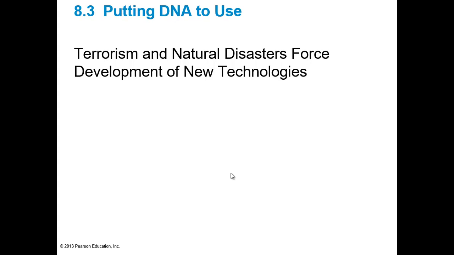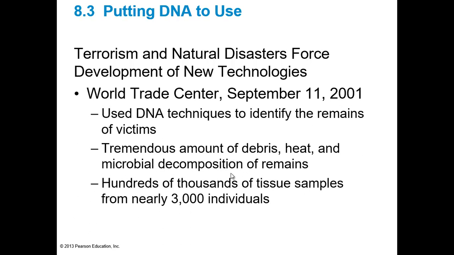Also, in terms of terrorism and identification of remains after natural disasters, there are new technologies that have been developed because a lot of times, when a bomb blows up or when, say, a flood occurs, the DNA can be degraded. Okay.